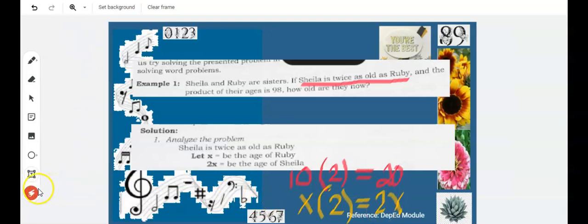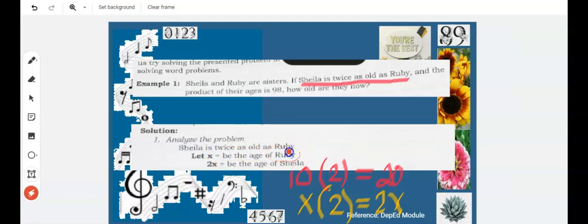Alright, so as a recap, under the analyze the problem step, we write the statement in words. Sheila is twice as old as Ruby. That's like a given statement, right? And then we represent the unknowns with algebraic expressions. So we say x with the age of Ruby, kay manghod man si Ruby.